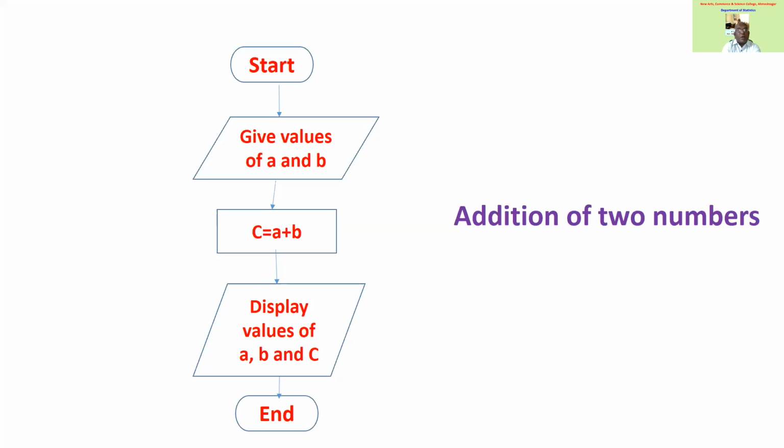Once you have the data, then you are in a position to add them. And so to add them, we have to use a rectangle or a square. And there we have to mention that C is equal to A plus B. Now this C is equal to A plus B has two operations.